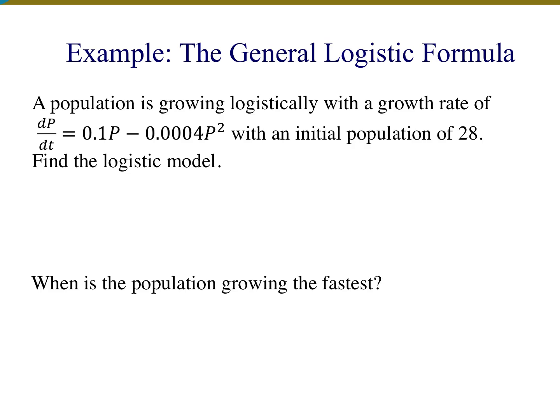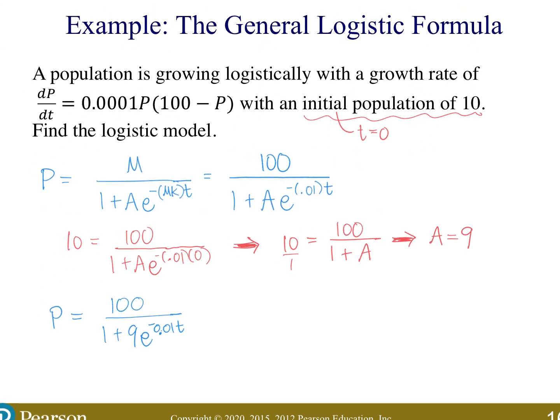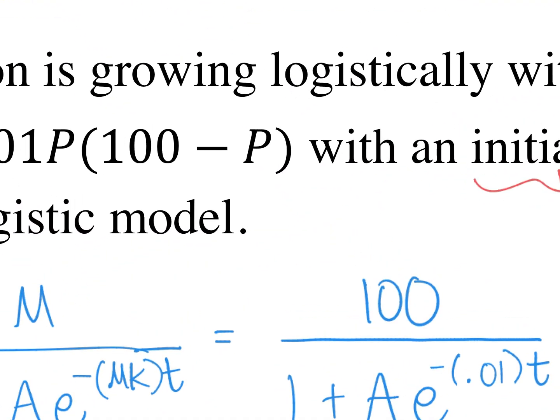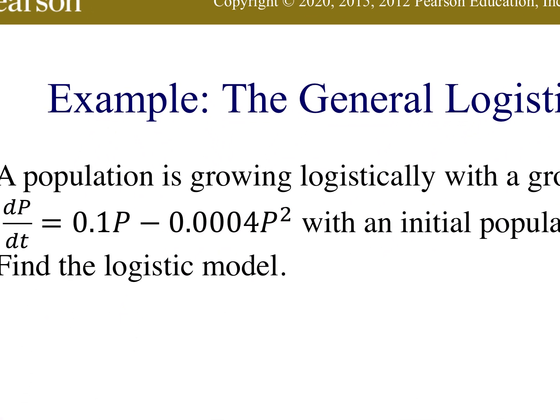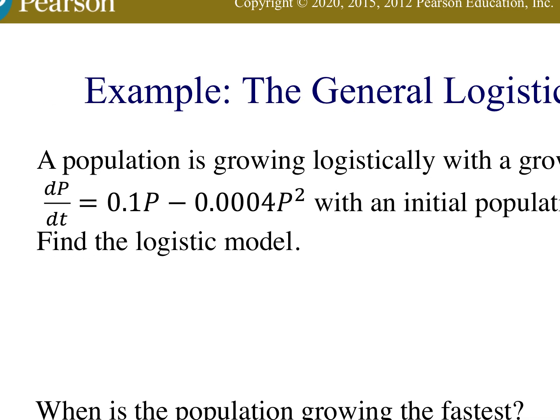Remember when Grace suggested in a prior problem to distribute? This problem's been distributed. We need to undo that. It's going to be easier for us if we can get it into this form. We want it to be minus p. Right now, it's not minus p. It's minus 0.0004 p squared.